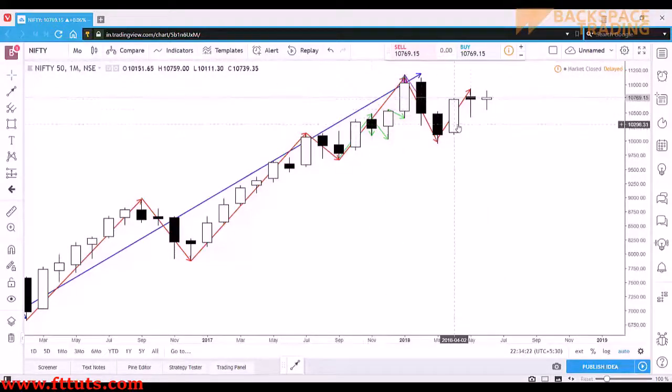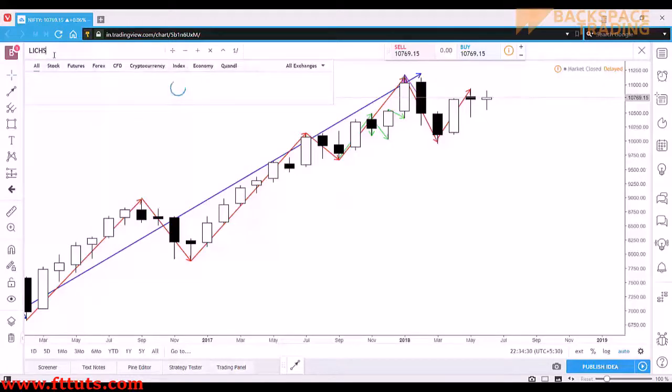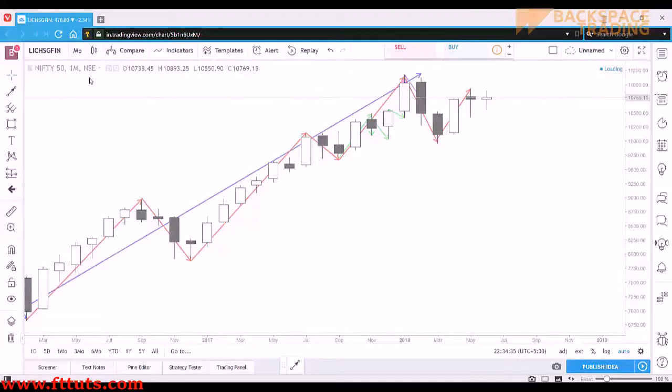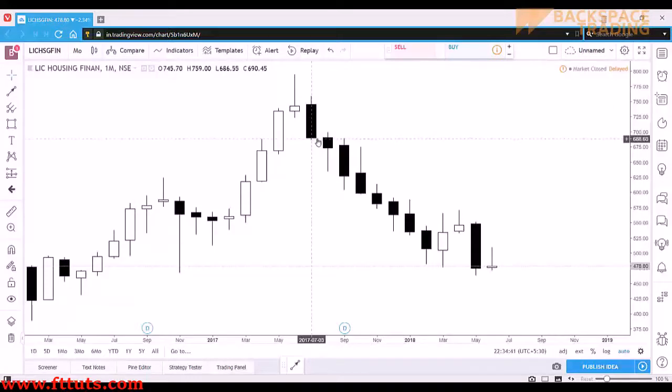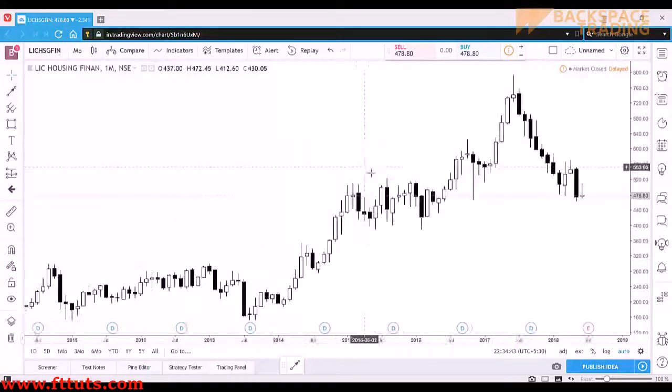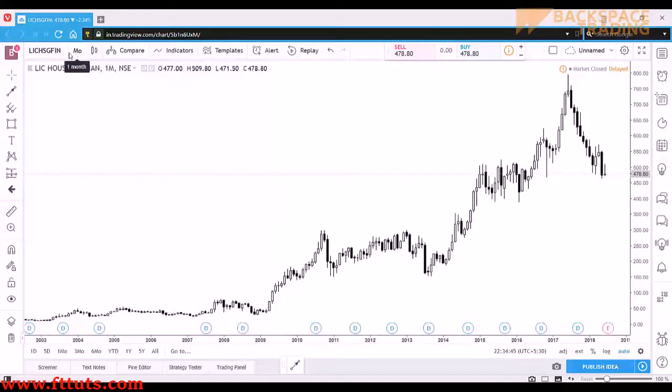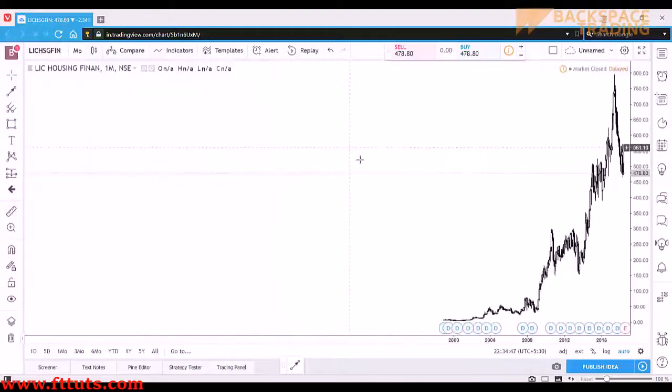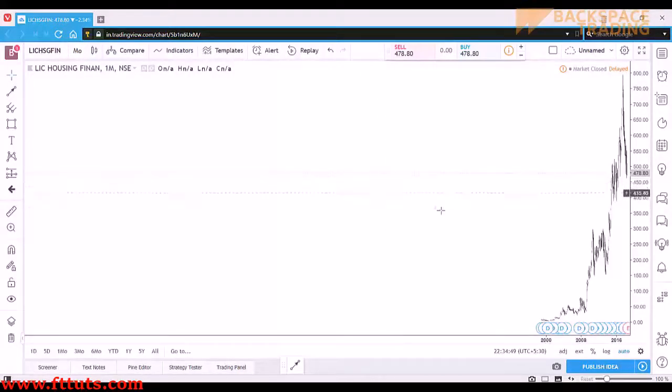As you know, the Nifty is not exactly in a downtrend now. Let me just click over here and type in LIC Housing Finance and let me select it. Okay, so LIC Housing Finance on a monthly chart. I have zoomed out completely.